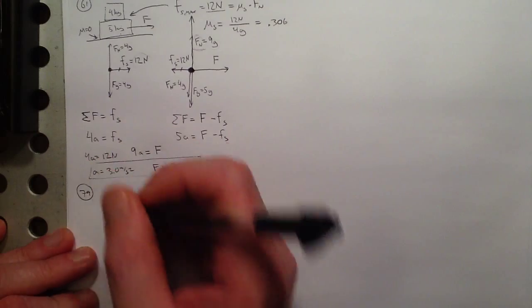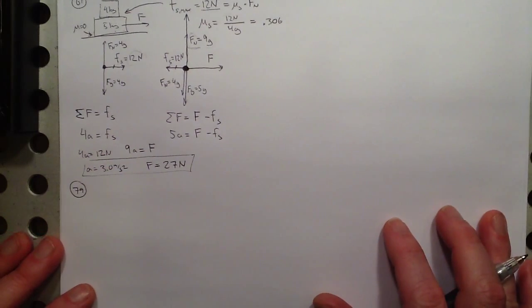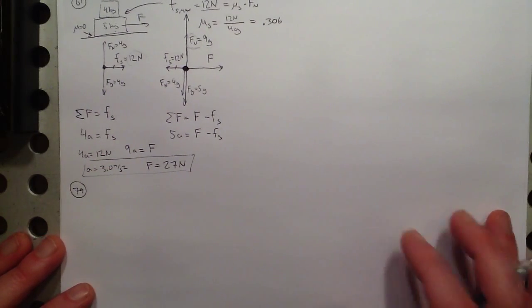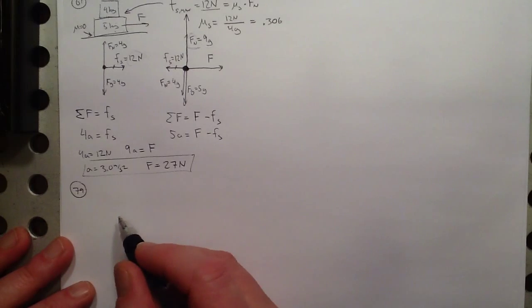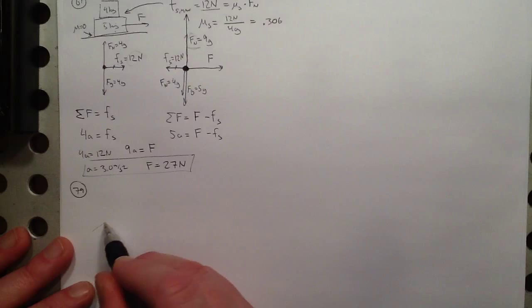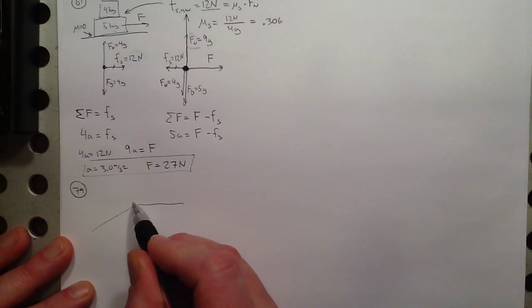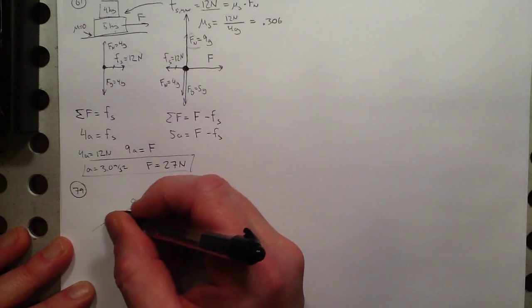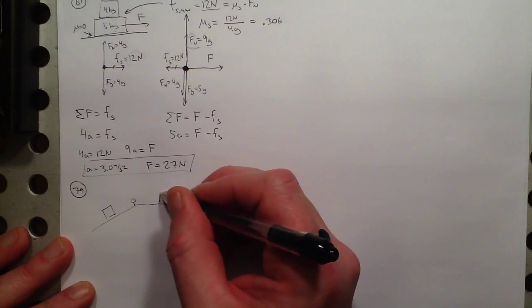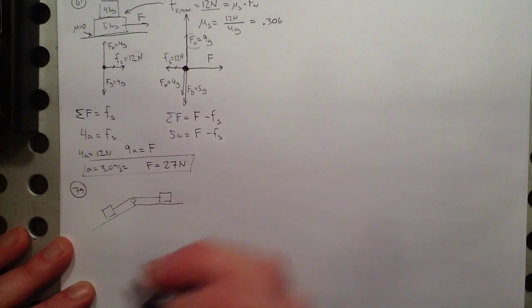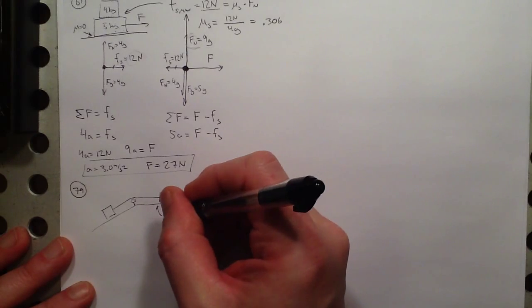So 79, what do we have here? We have more blocks. It looks kind of like this. Here's my pulley, here's block A and block B. And it looks like I've got friction here.